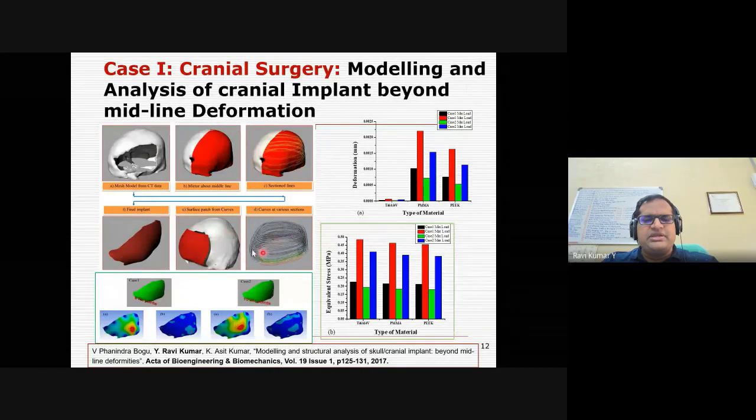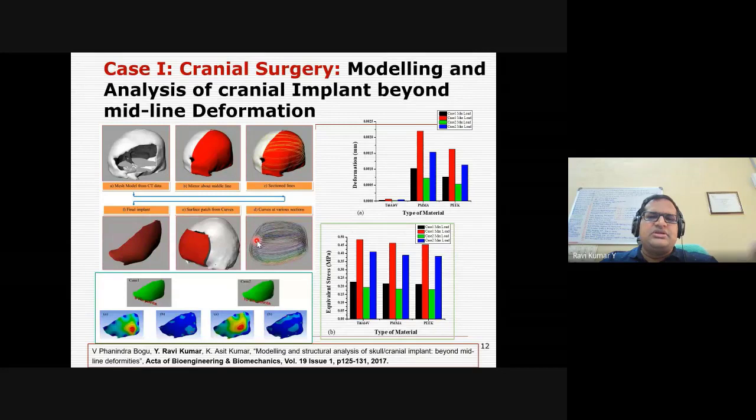So we developed a NURBS-based reconstruction algorithm, which works beyond the midline defect area. We developed that algorithm, and then we integrated it and simulated the reconstructed implant for the fixation points.